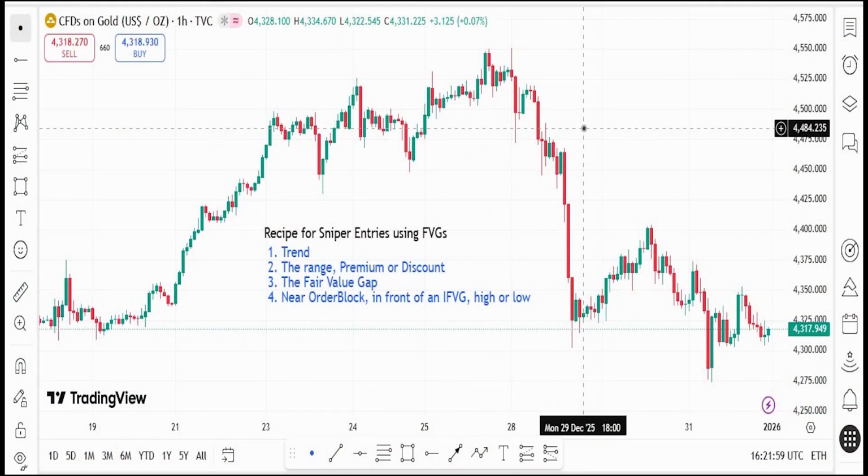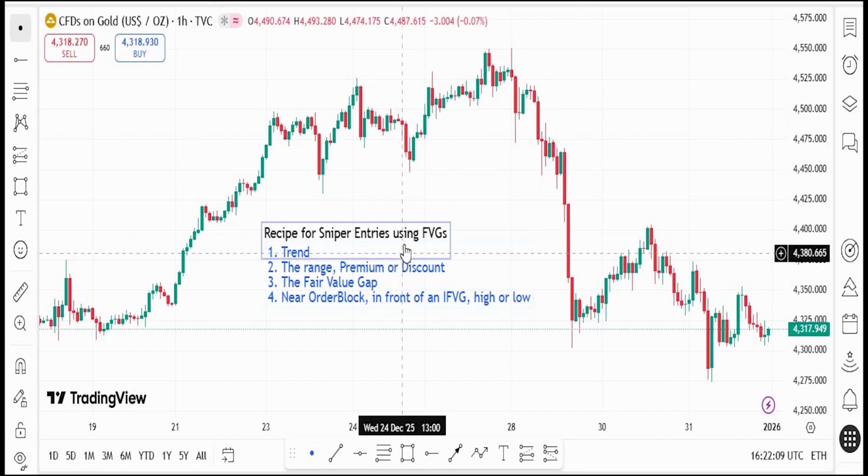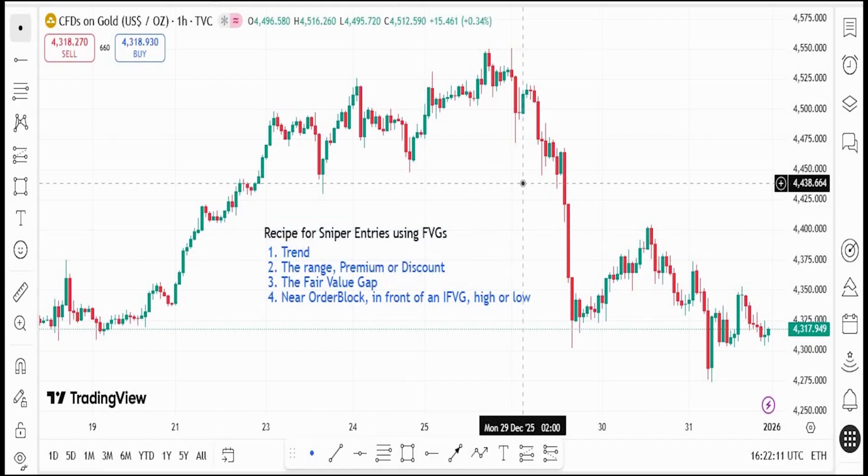So before I show you examples on the chart, I have written down something very interesting, that is the recipe for sniper entries using fair value gaps. The first thing we should look for is the trend. Secondly, it is the range, that depends on whether the trend is to the upside or downside.